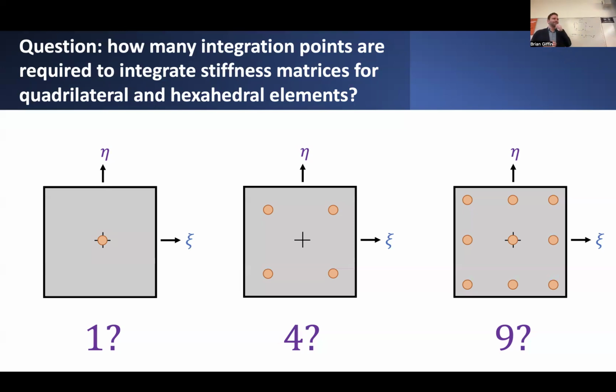Five? You say 5? You say 8. Maybe 5 would be adding an extra one here. 8 would be doing everything, but maybe omitting the middle one. Or maybe some other funny configuration that's not shown here, or who knows?